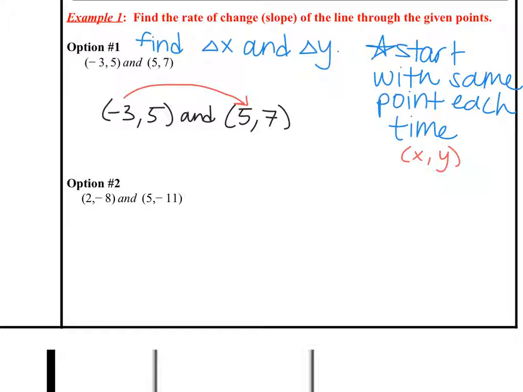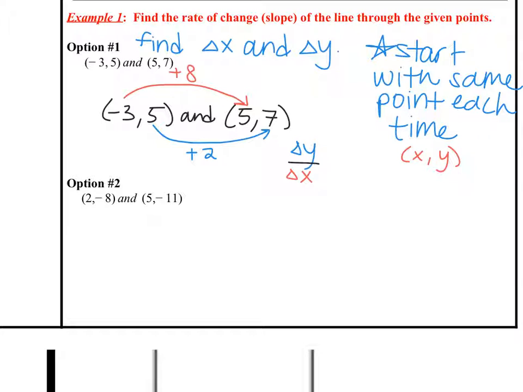Adding 8. So I would put +8. That's your x values. Your y values go from 5 to 7. From 5 to 7, what's it do? Adding 2.